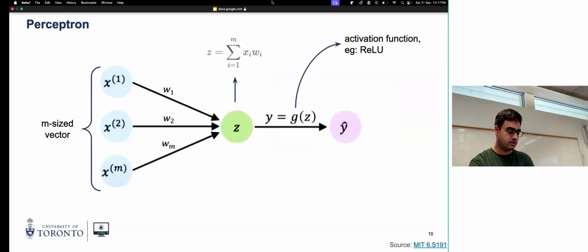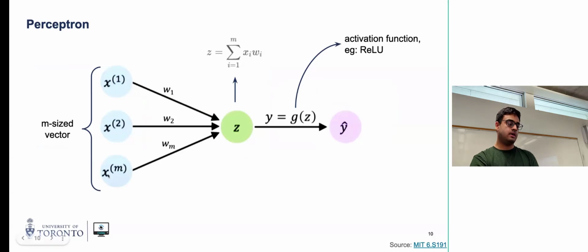Here is an example of a perceptron which takes in m inputs and m weights, and it approximates the value of y hat with the help of the function shown here, which is the summation from i equals 1 to m of x_i w_i. This is used in order to approximate the value of y hat.